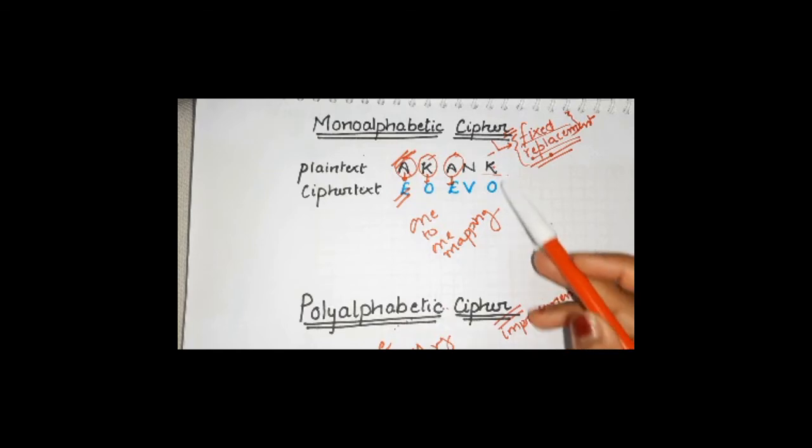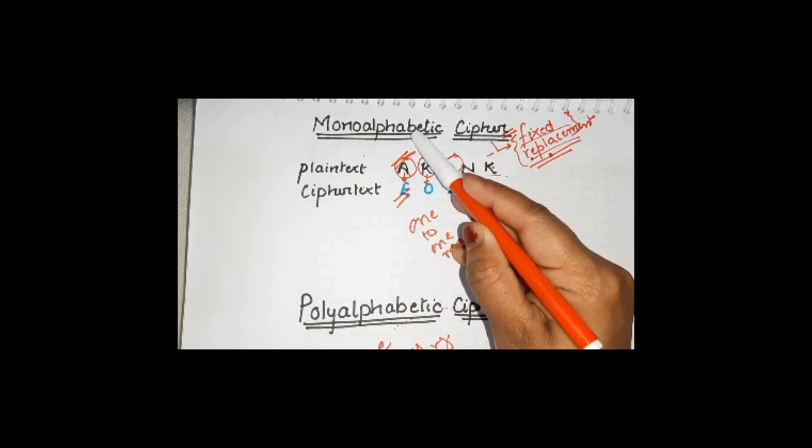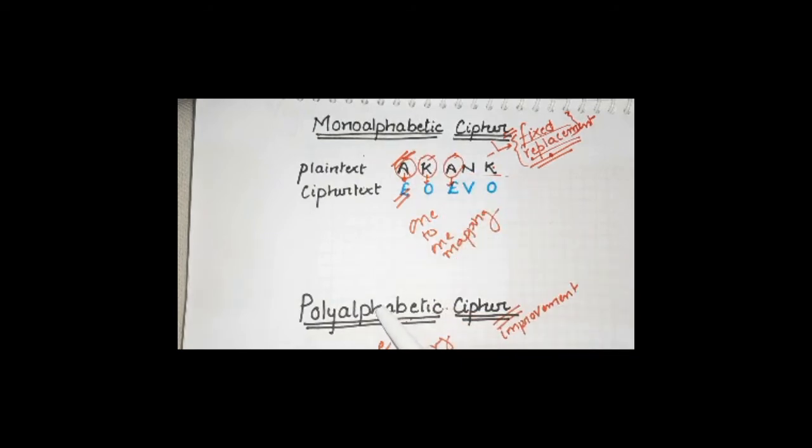Now, both monoalphabetic cipher and polyalphabetic cipher can be used as a classification. You can classify the different encryption techniques as monoalphabetic or as polyalphabetic. See, why am I not saying what key can be used in monoalphabetic cipher and what key can be used in polyalphabetic cipher? Because both are ways of generalizing the different encryption techniques.